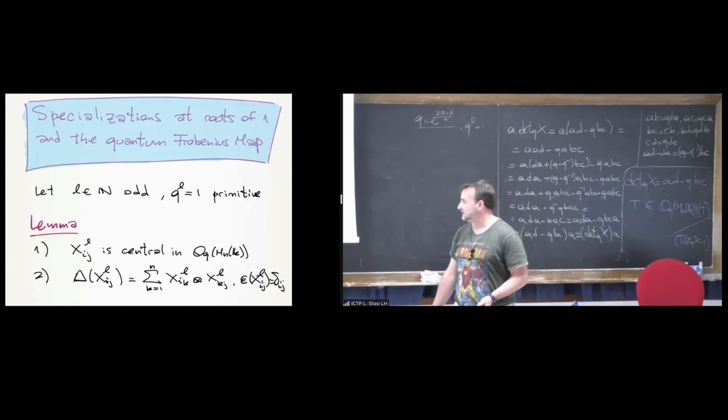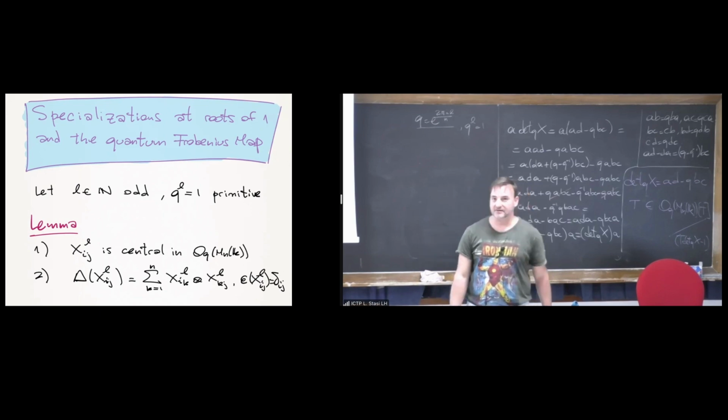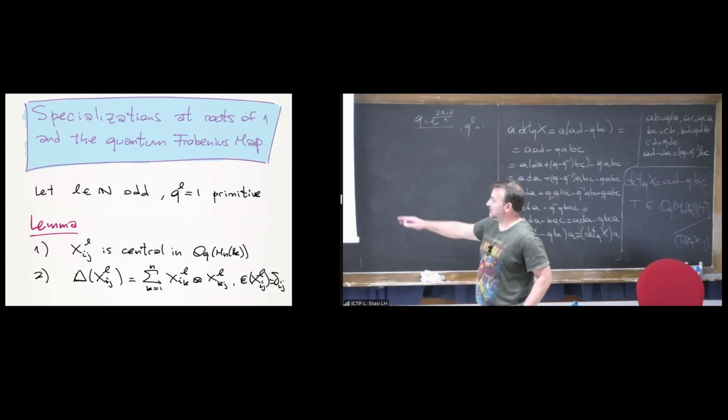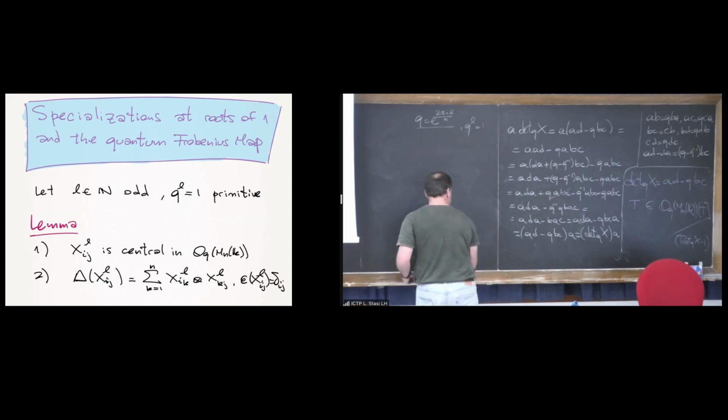And the second point is another very, very critical point. Again, by the co-multiplication, I'm saying that the co-multiplication of the elements to the l is the same as not putting the l, but putting the l. It's strange. Why is this strange?